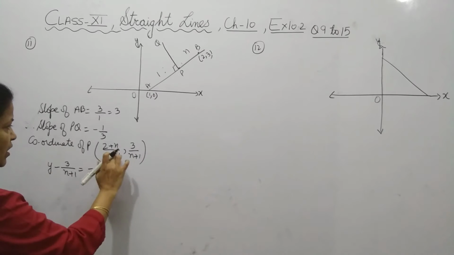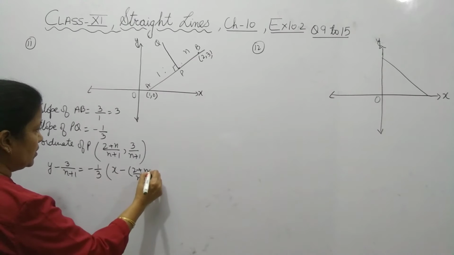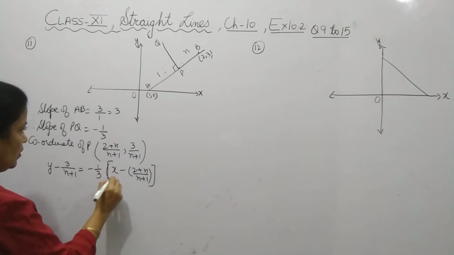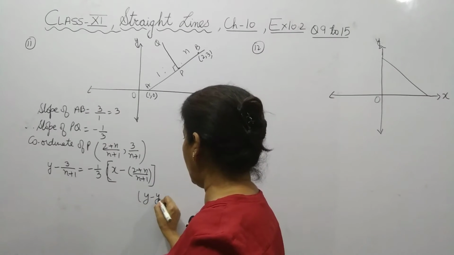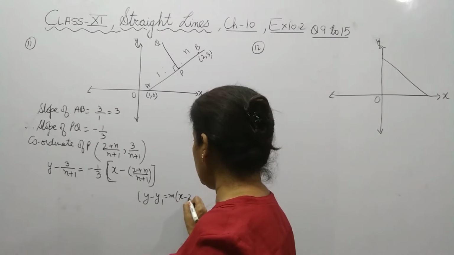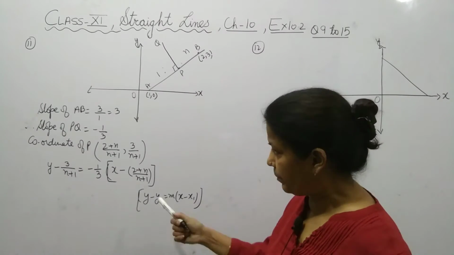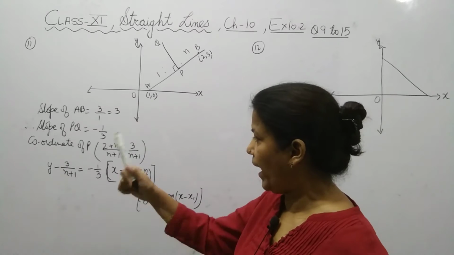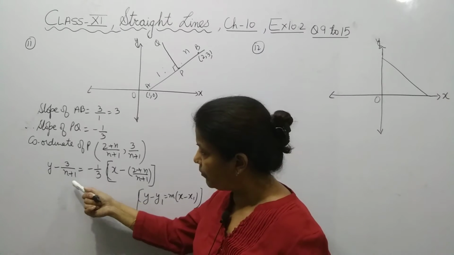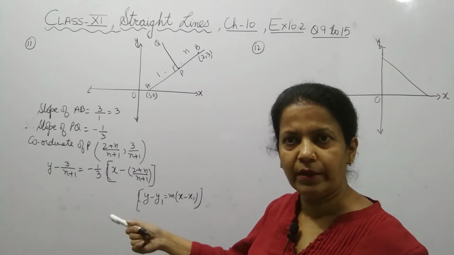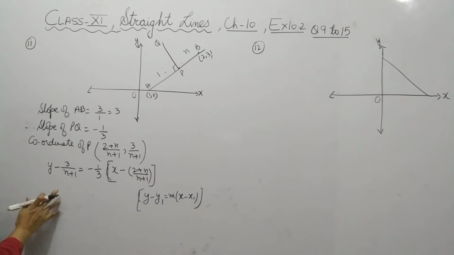This is the one point formula. Now solve it by taking the LCM and shifting the terms. Your equation of the line will come in terms of n. Is it clear? I think you can solve this part yourself and find the equation of the line.